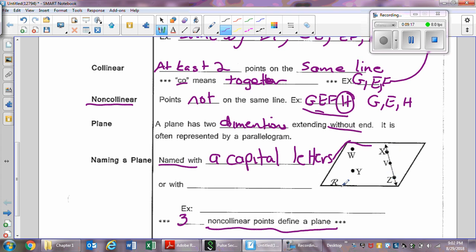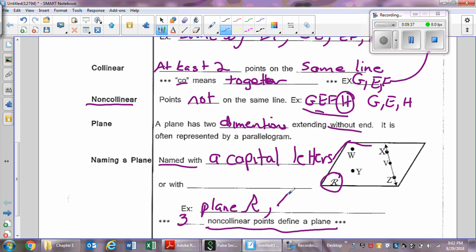Okay, or I can use a small letter, like this kind of letter, to name it. So I can name this plane R, and then it's just a special character like this.